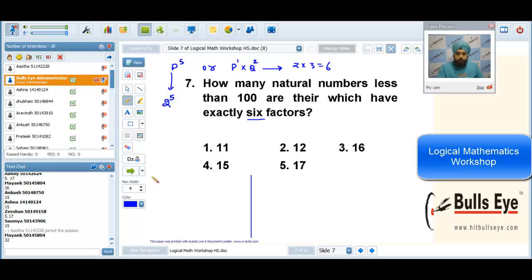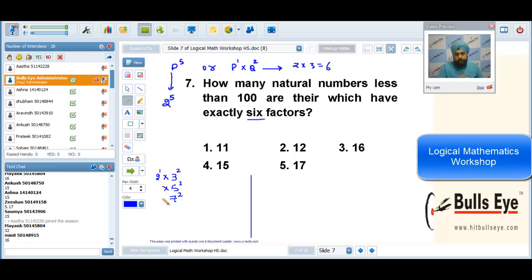Now, starting with the powers of 2, if I take 2, we are taking only power 1. We can multiply it with 3 raised to power 2, 5 raised to power 2, and 7 raised to power 2.